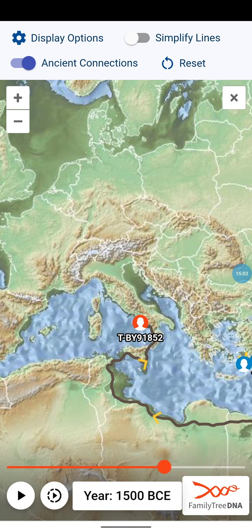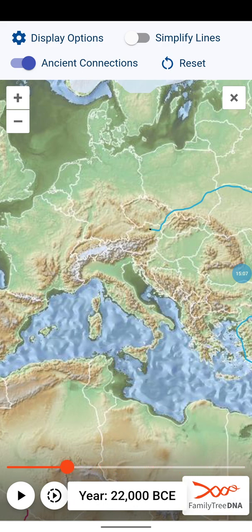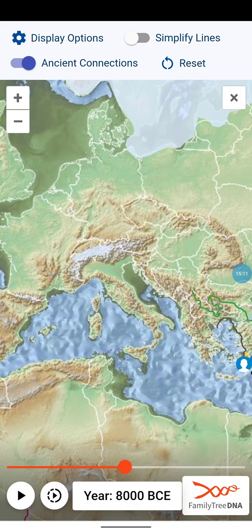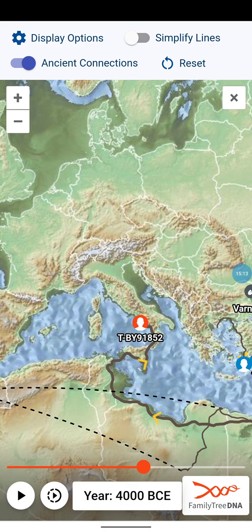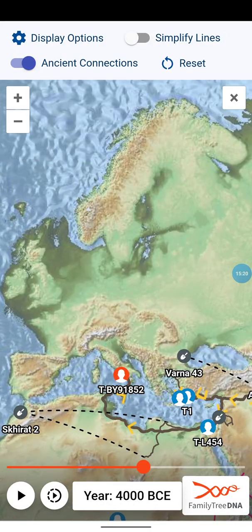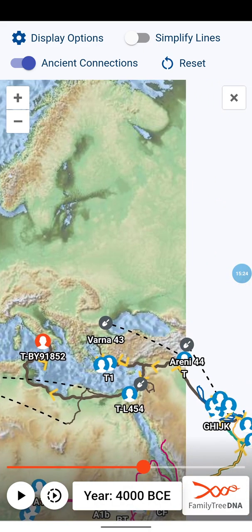Okay, if we move the bar further back, perhaps. Or not. Anyhow. But yeah, I just wanted to show that feature off and also talk about that lineage there.